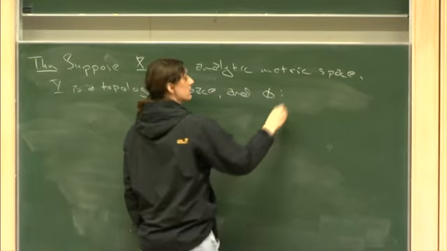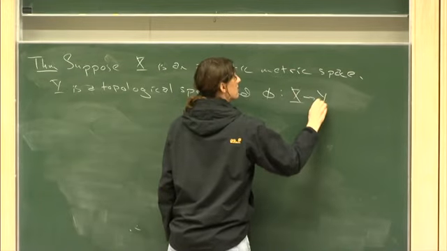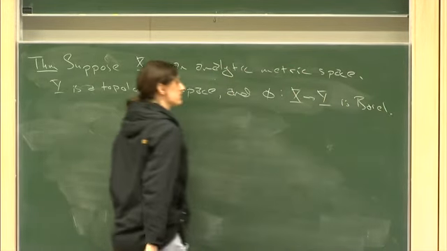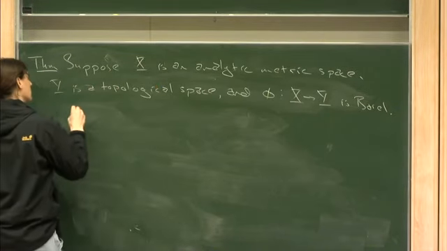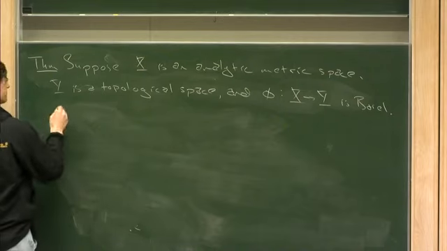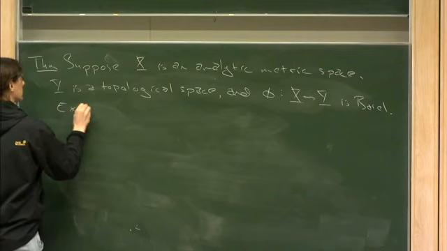And phi from X to Y is Borel. Well, what does it mean, for example, for phi to be F sigma measurable? So F sigma measurable means that preimages of open sets are F sigma. That's usually called being Baire class 1. So exactly one holds.